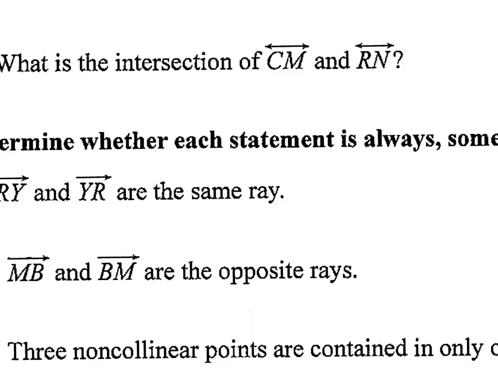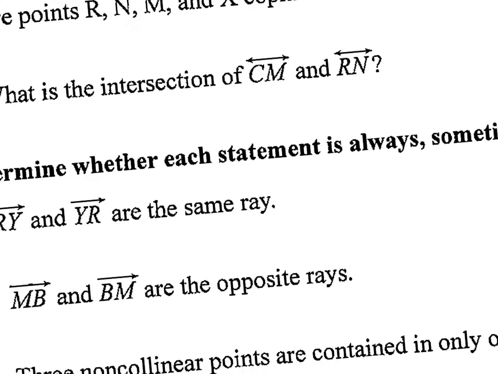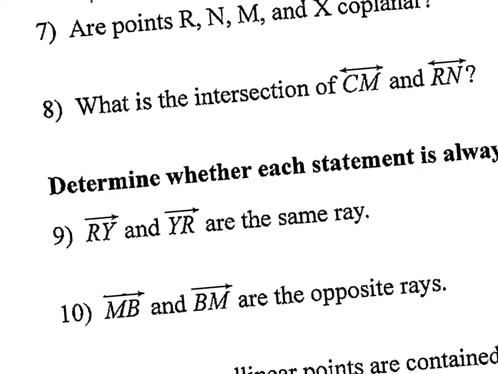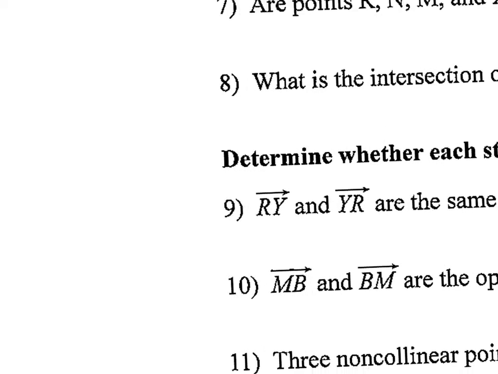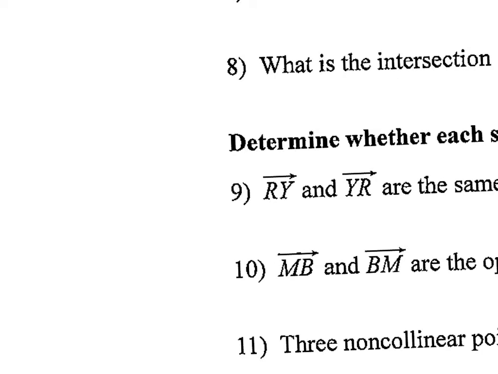So the first thing we're talking about is a ray. A ray is a line that extends infinitely in one direction. Now remember, to name a ray, we always start with the endpoint.